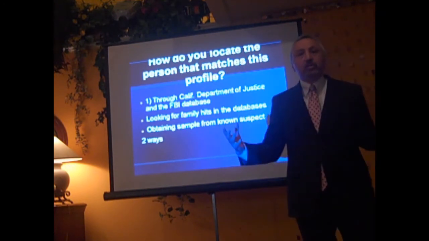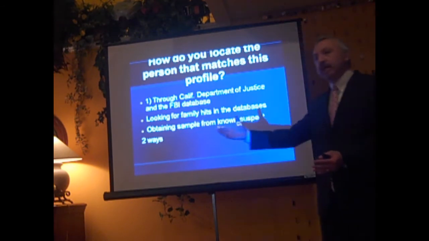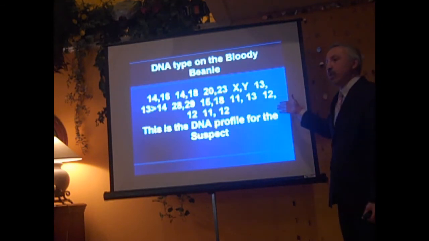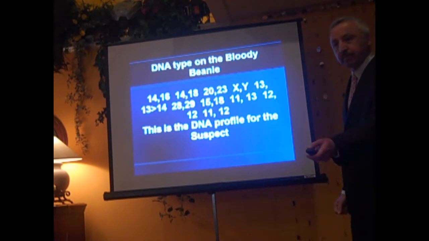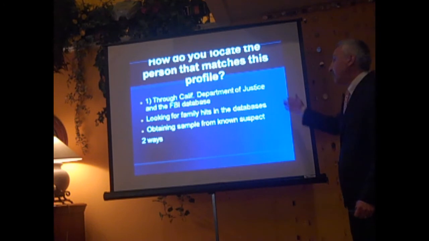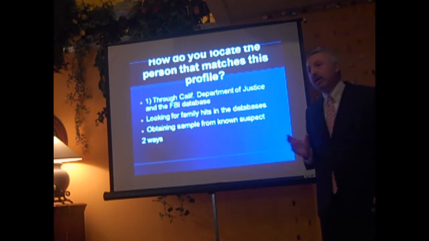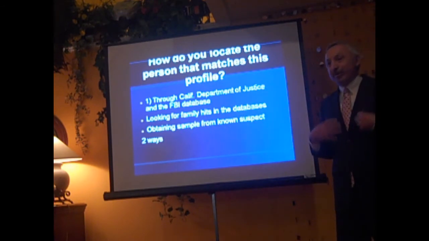Now, the criminalists collect DNA at the scene, they type it, and now they have those numbers right here. Well, so what? How do they find the actual suspect just with these numbers? Well, there's a couple ways. Possibly they have a suspect in mind. Possibly somebody saw somebody leave the scene of a crime with blood on their shirt.